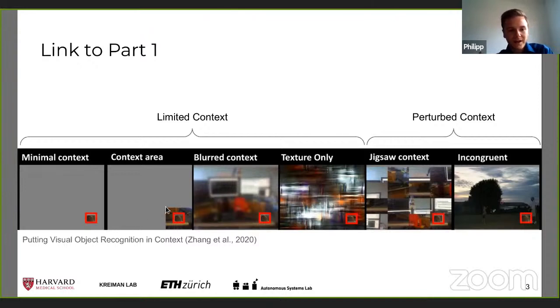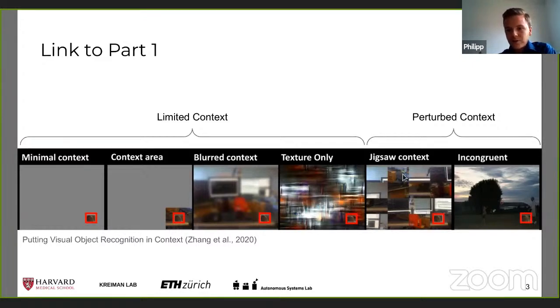You could do that in this very straightforward way of just limiting the area of the image that you expose. But you can also blur the image and therefore reduce the amount of contextual information that you provide. And finally, we've also seen that experiment where we use the filter. So again, restricting part of the contextual information that we provide.